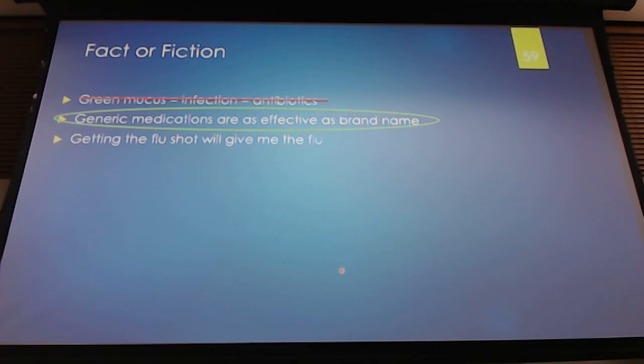Okay, and then what about, I love this one because we all know the answer. Getting the flu shot will give me the flu. It's impossible. Maybe the place that you went to get the flu shot had other people that were sick, right? But the flu shot is an inactive virus. I'm telling you, my grandmother swore every time she got the flu shot, she got sick.